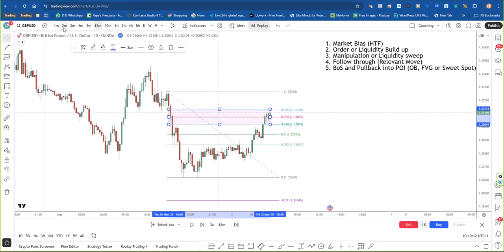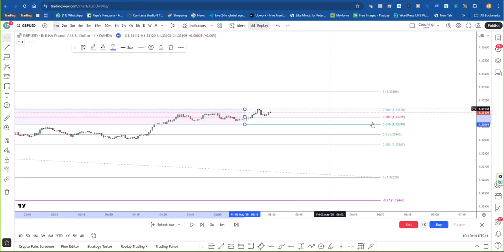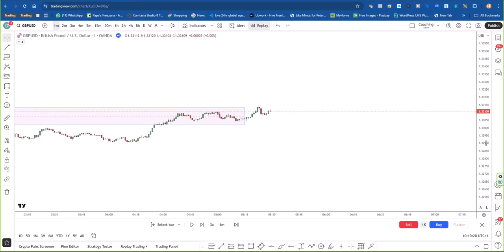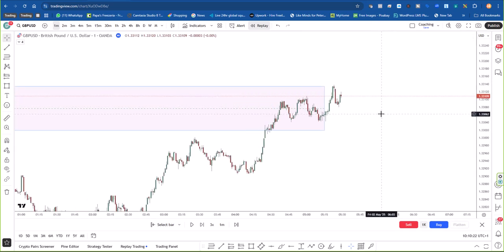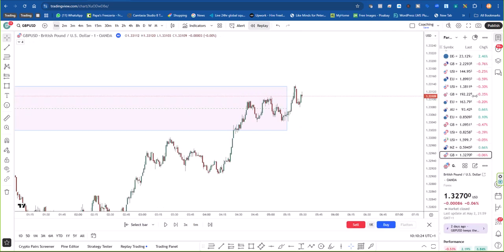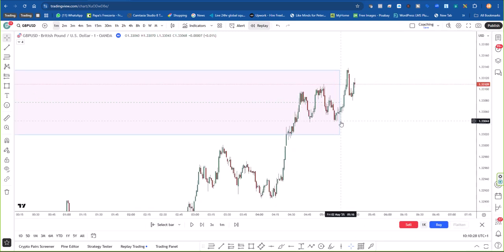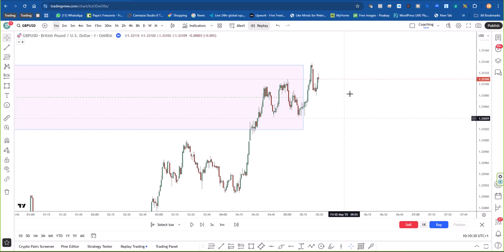It's at this point we then drop down to the 1 minute time frame. In this case, I'm using the 1 minute time frame as my execution time frame. You can use 5 minutes and so on. In this area now, what we want to wait for is a confirmation that price is willing to start coming down.